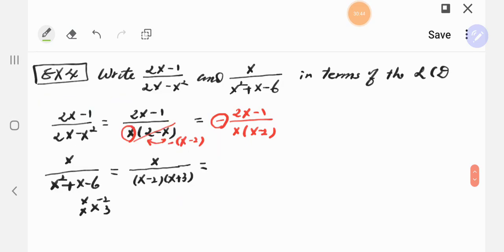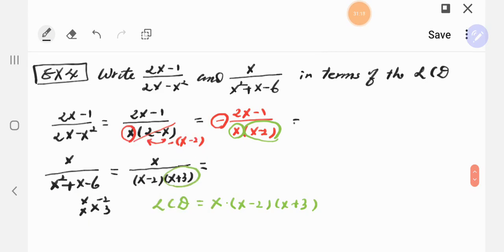So the LCD is now, let's compare these two denominators' factors. We have x here, so the LCD is x times x minus 2, and x plus 3. That is the LCD. So we can rewrite it.